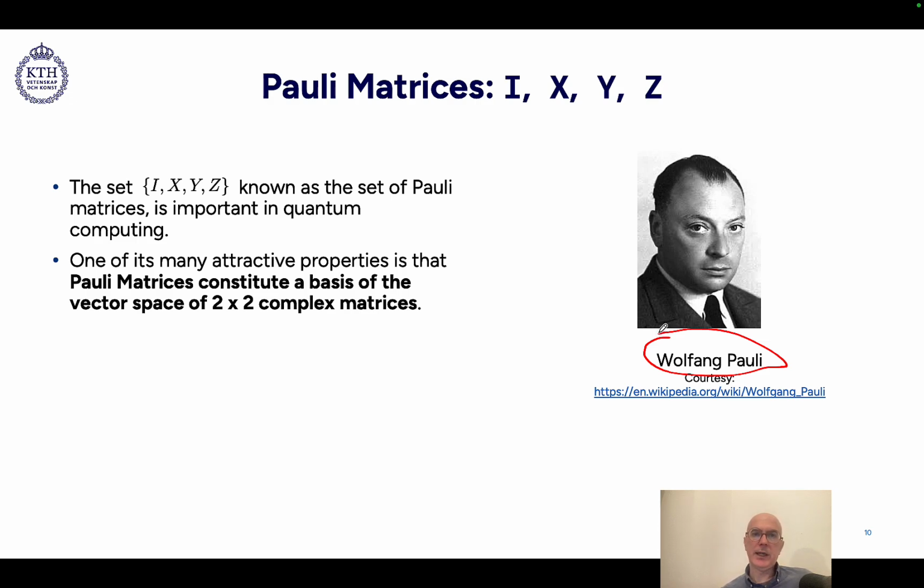The set of identity matrices X, Y, and Z are known as the set of Pauli matrices and are quite important in quantum computing. One of their main attractive properties is that the Pauli matrices constitute a basis of the vector space of 2 times 2 complex matrices. So this is a set of matrices that represent a basis for all the quantum circuit transformations.